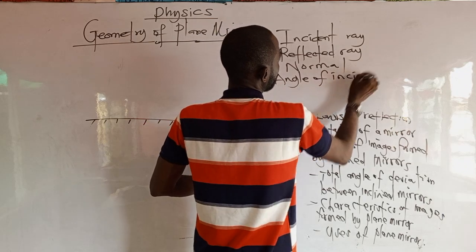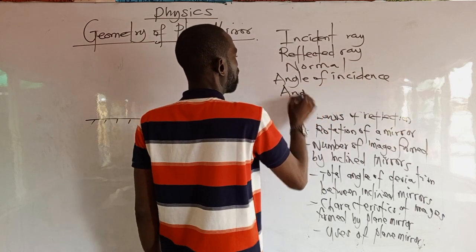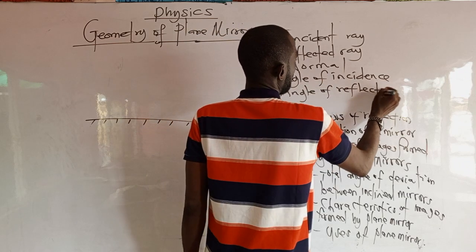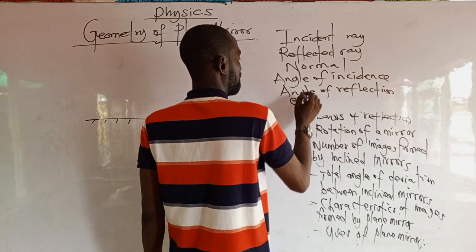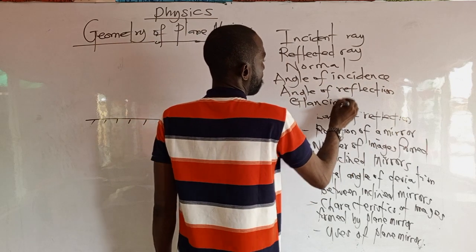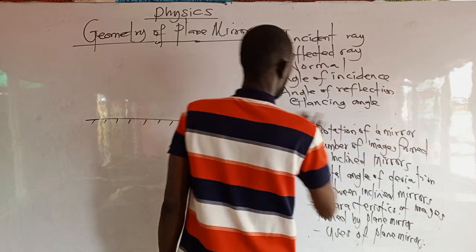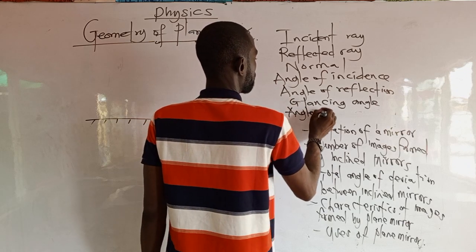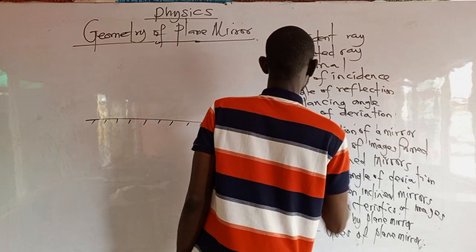Then after that, the angle of reflection. Then after that, we discuss glancing angle. And the last one we discuss is the angle of deviation. Under this word now, the mirror.